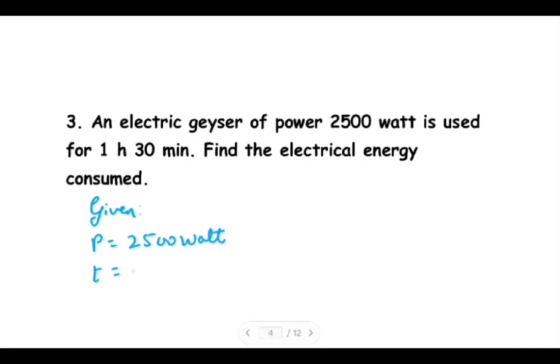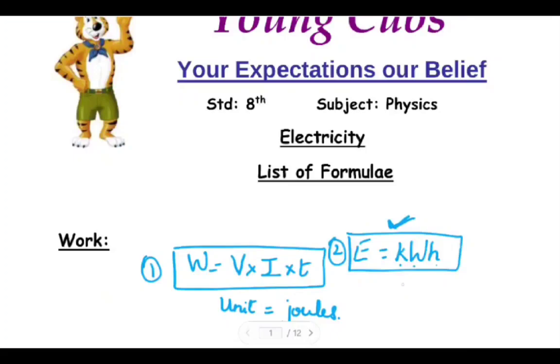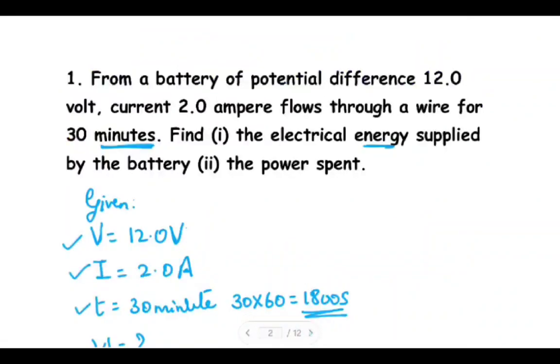Time given is 1 hour 30 minutes. We need to find the energy consumed. Children, what is the formula for electrical energy consumed? Energy is equal to kilowatt into hour.